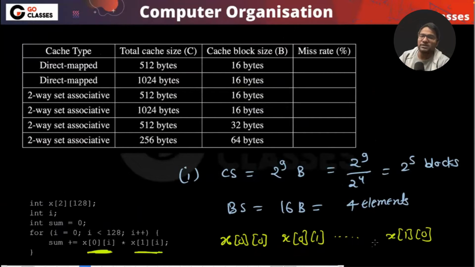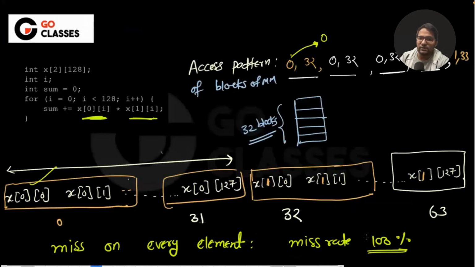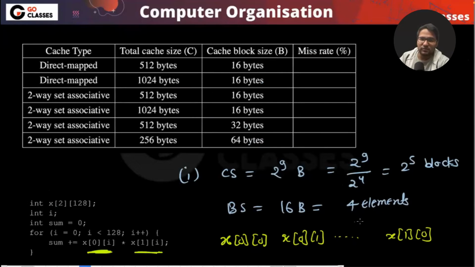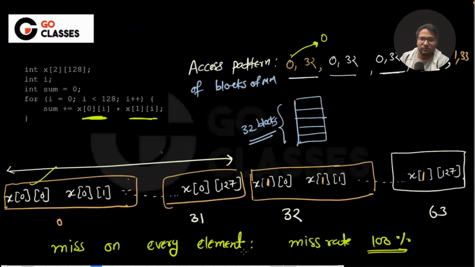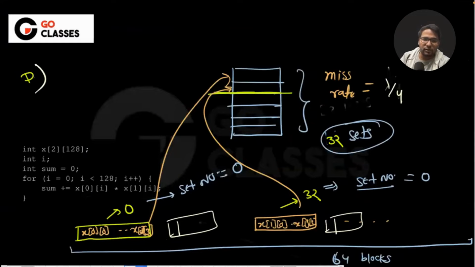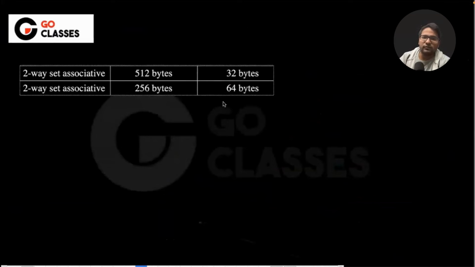Cool. So each block can contain how many elements now? 8 elements basically. Earlier it was containing 4 elements.